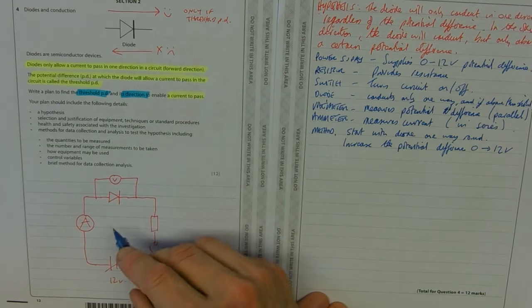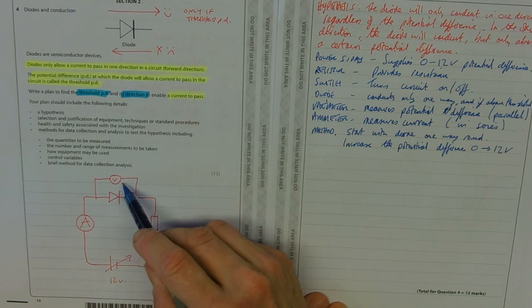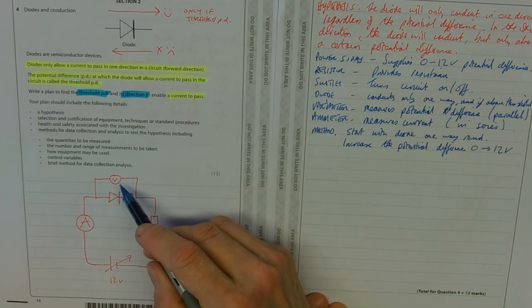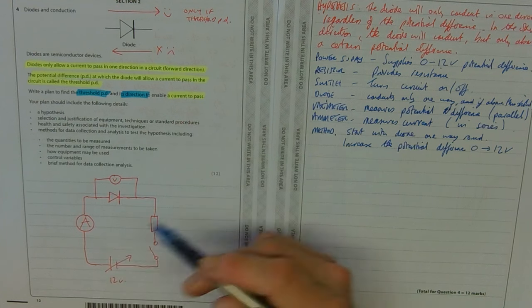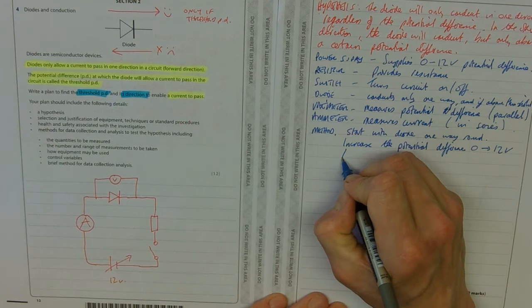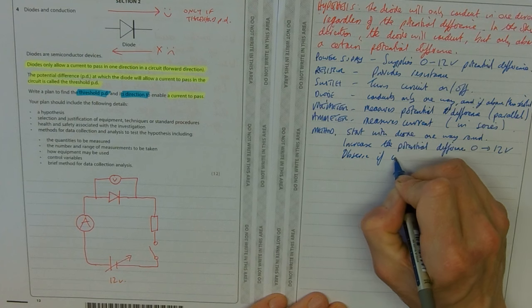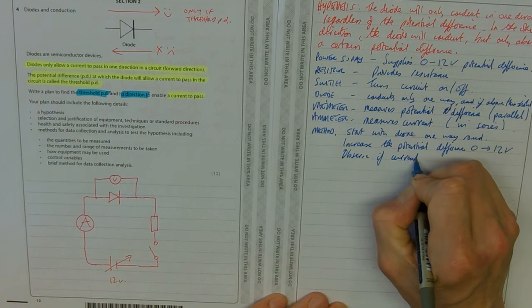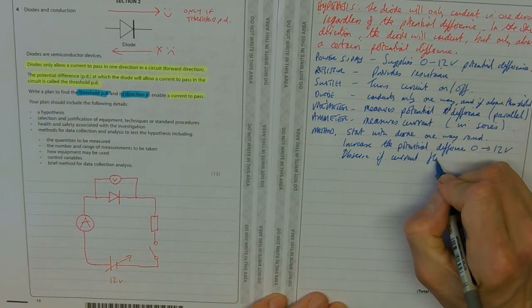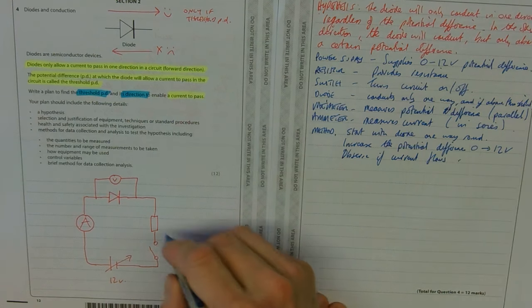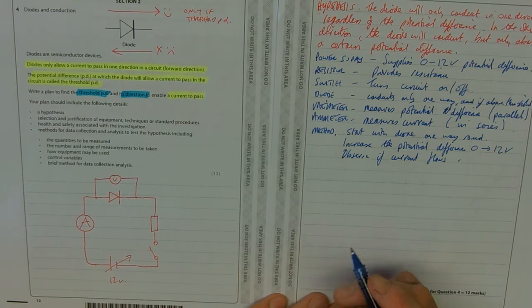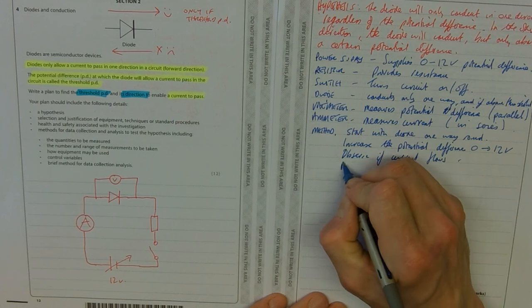And then what we're going to measure is the potential difference when we get any current flowing. So observe if current flows, and write down the voltage when current starts to flow.